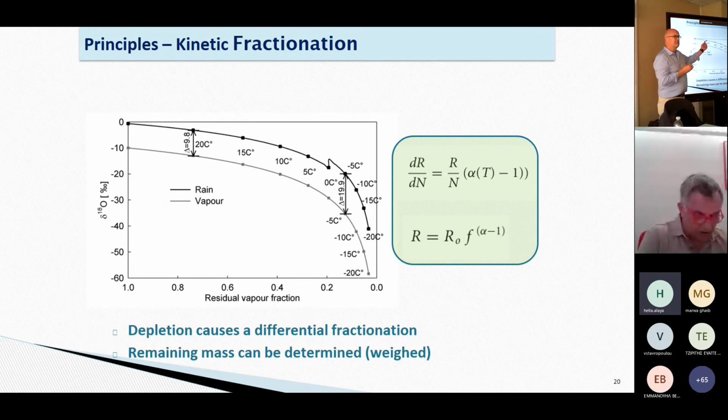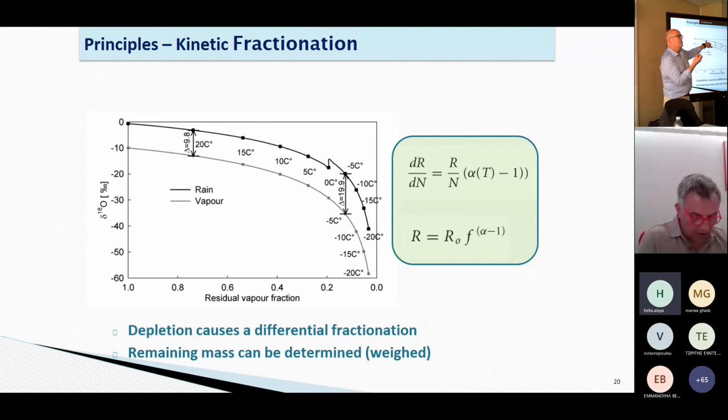We can calculate this with the alpha delta calculator that I've shown you, or by getting the DEFs and calculating this isotopic change. This is the vapor. So we start with -10, and the rain is 9.8 heavier. So this is the first rainfall.